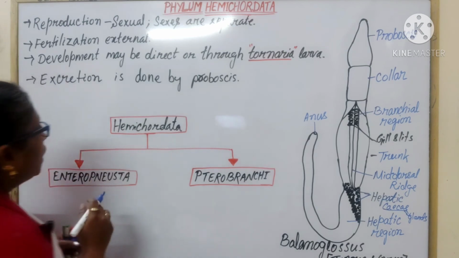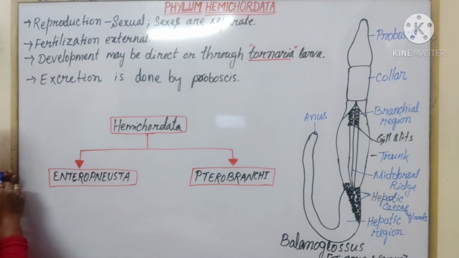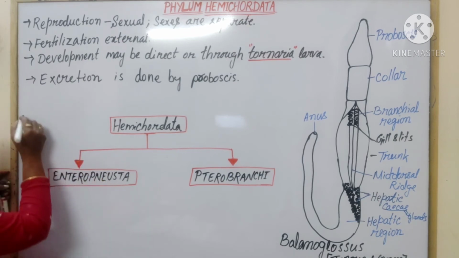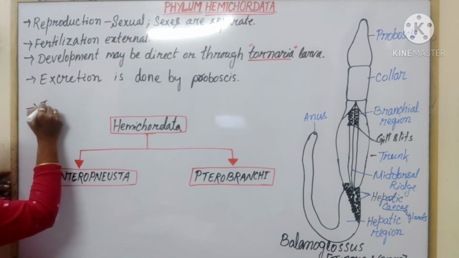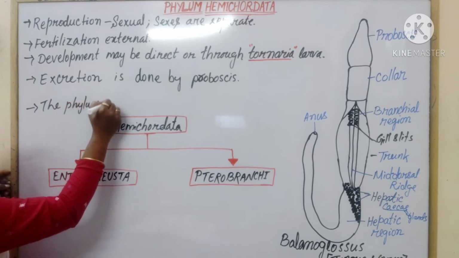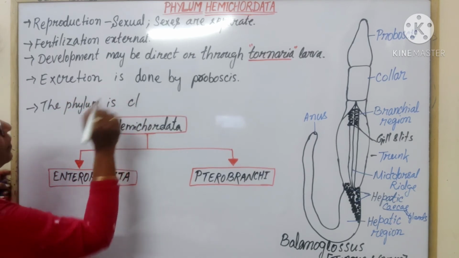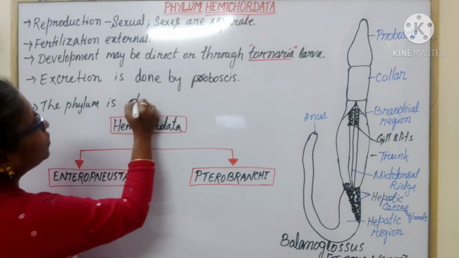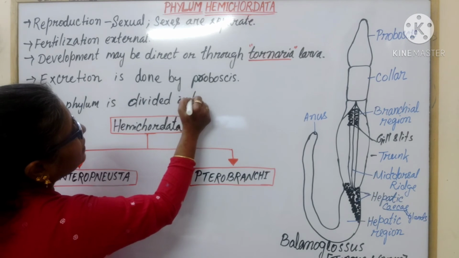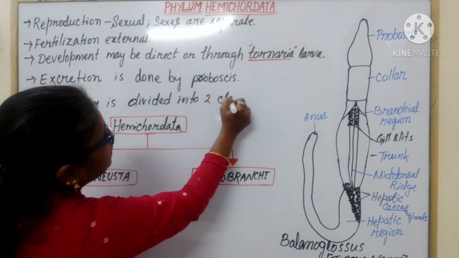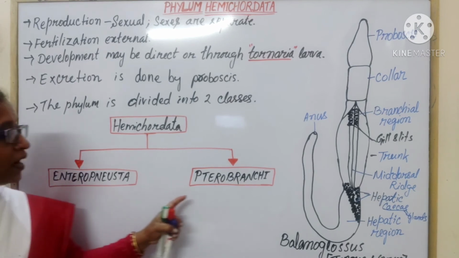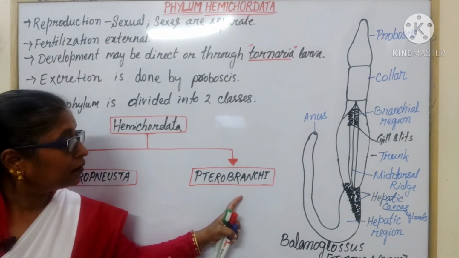Okay. And the phylum is classified into two classes, that is Enteropneusta and Pterobranchia.